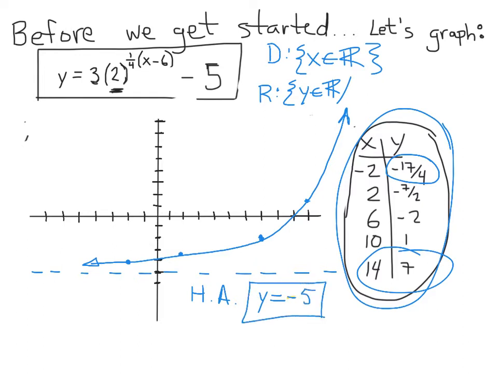The graph will get closer and closer to negative 5. Remember, that's the key right there. Your c value is negative 5. It gets closer and closer to negative 5 but never touches. Now this one is always above negative 5. So it doesn't hit negative 5 and it's always above. So y is an element of all real numbers where y is greater than negative 5.